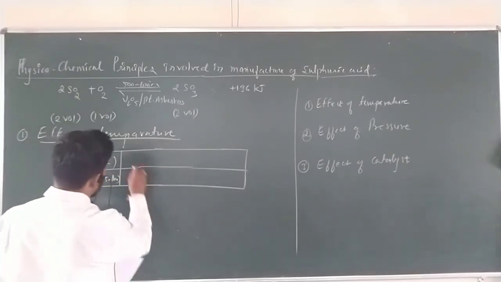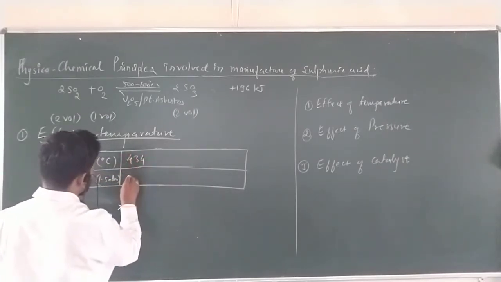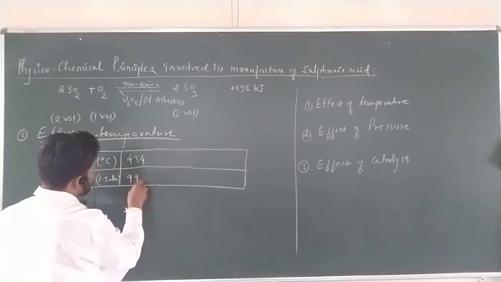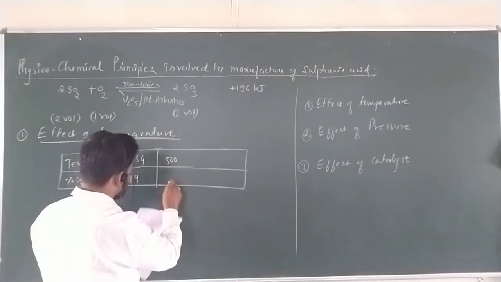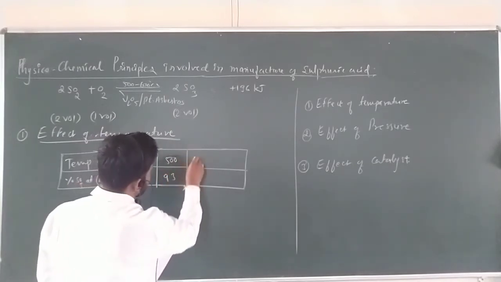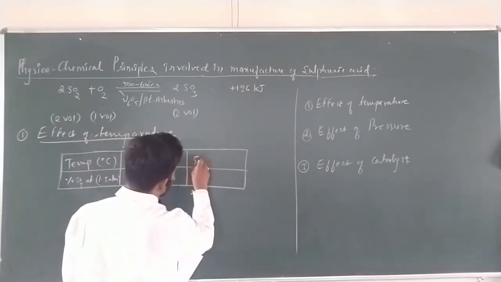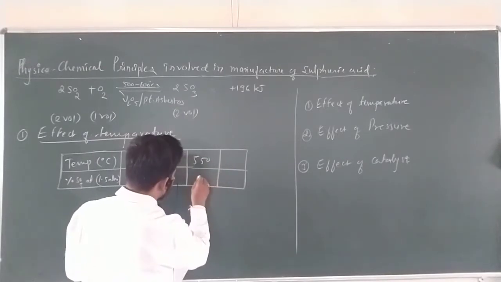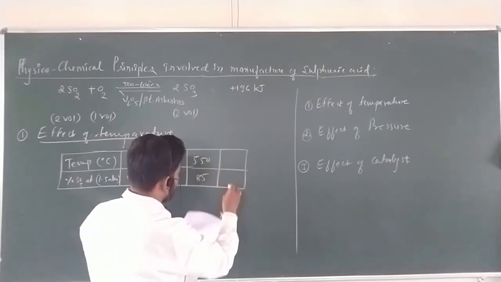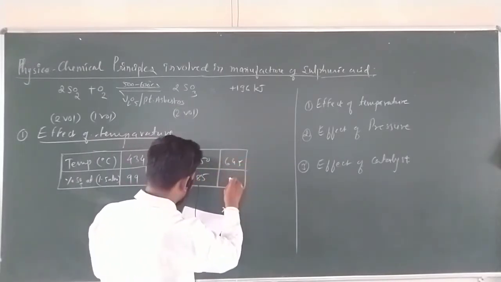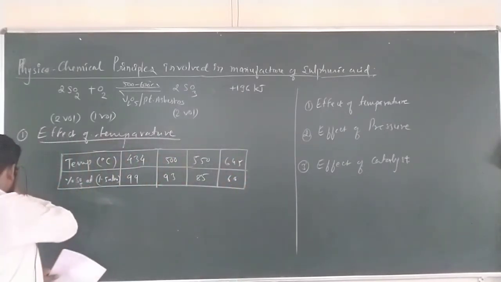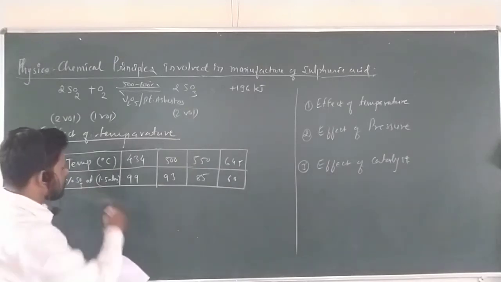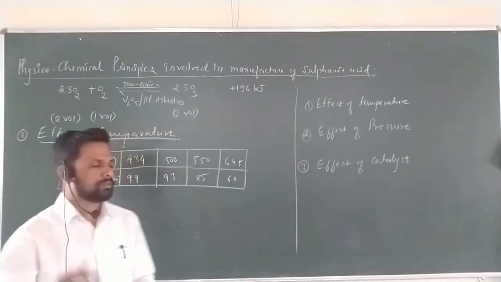The variation: at 434, approximately 99% yield. At 500 degrees, 93% yield. At 550, approximately 85% yield, and at 645 there is 60% yield, where the pressure of 1.5 atmosphere is kept.